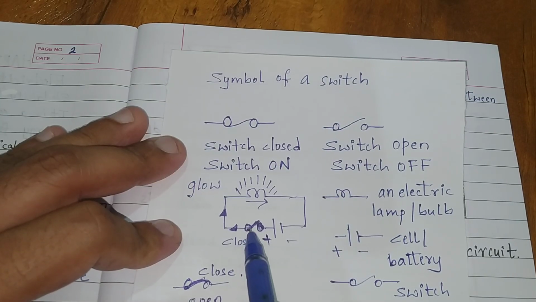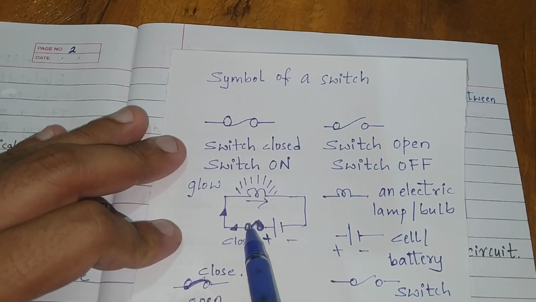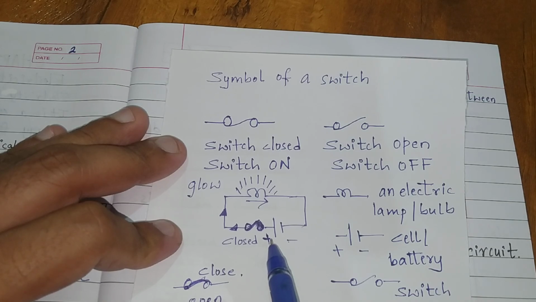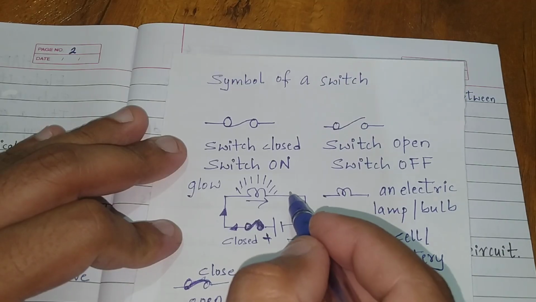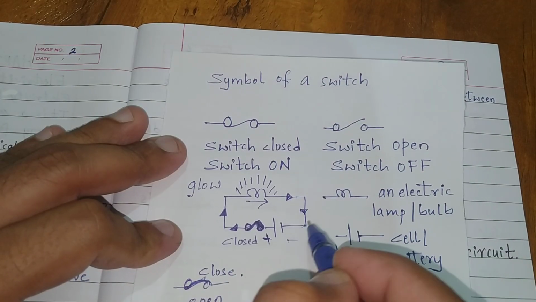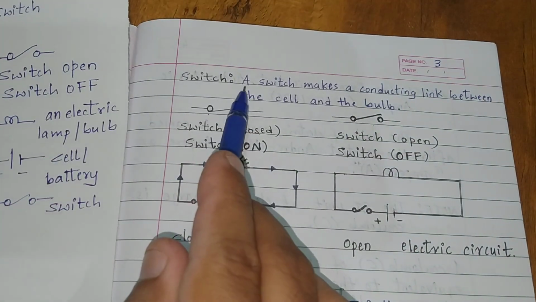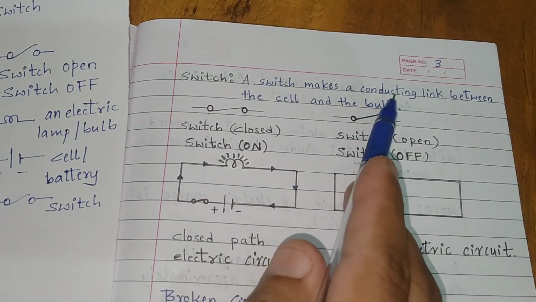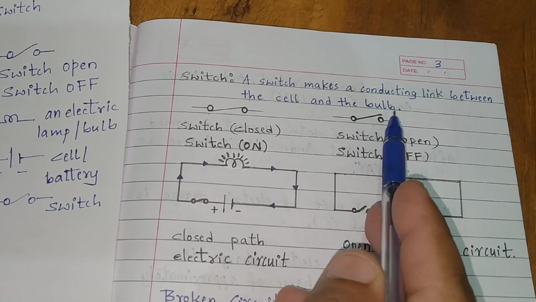I repeat, when switch is closed, a conventional current instantly flows from positive terminal towards negative terminal. An electric lamp bulb will glow. So this is the purpose of a switch, makes a conducting link between the cell and the bulb.